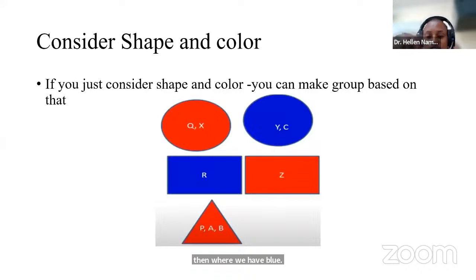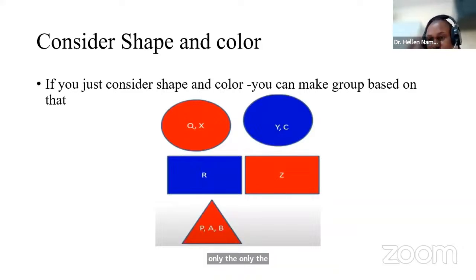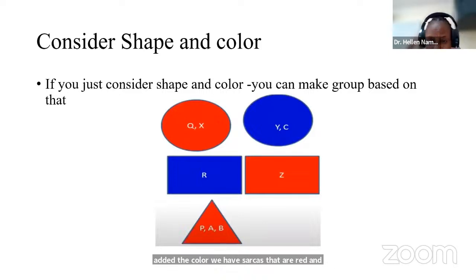In case we consider shape and then color, implying that as you add the different attributes, of course, the number of clusters is going to increase. Initially, when we considered only the shape, we had only 1 circle group. But as we added the color, we have circles that are red, and circles that are blue.